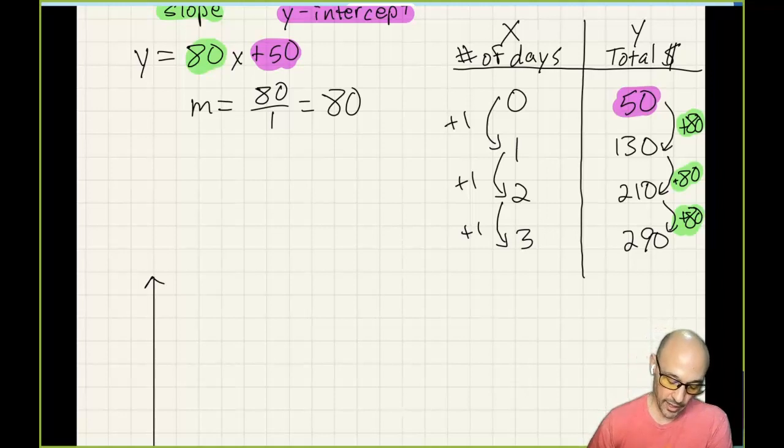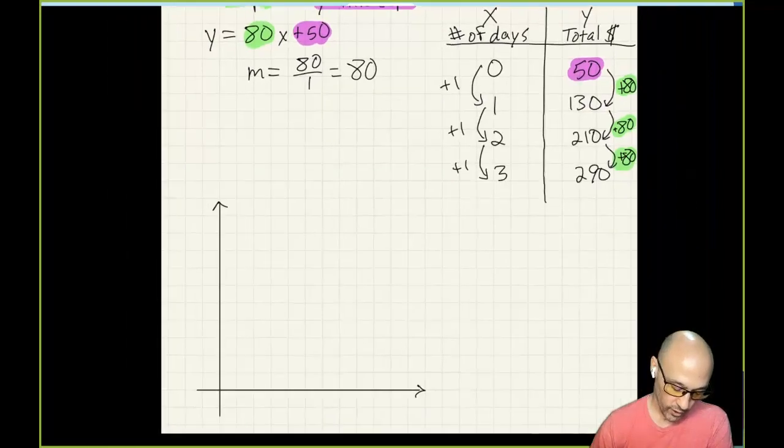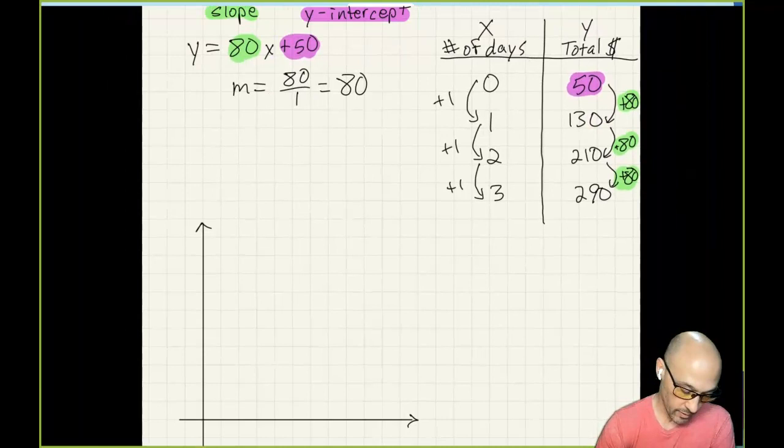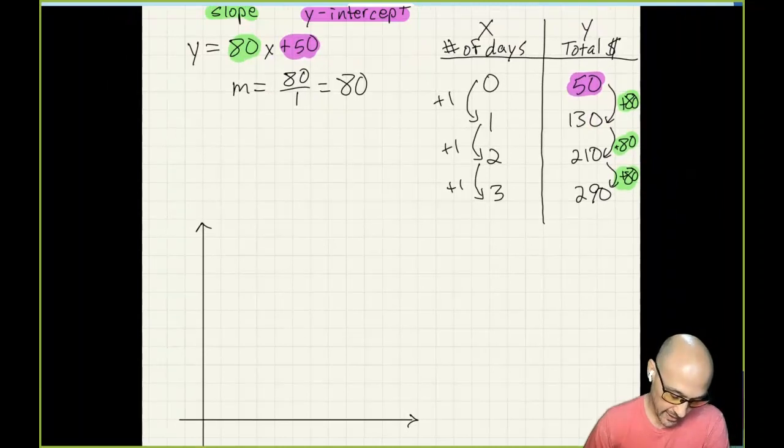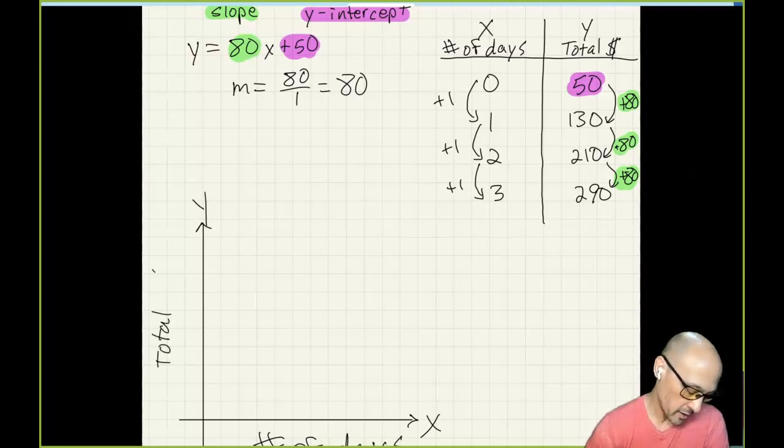And so when we think about that, what we have is a situation, if we're going to graph it, on our x-axis, this is the number of days. And our y-axis, that's going to be the total dollars spent. All right.